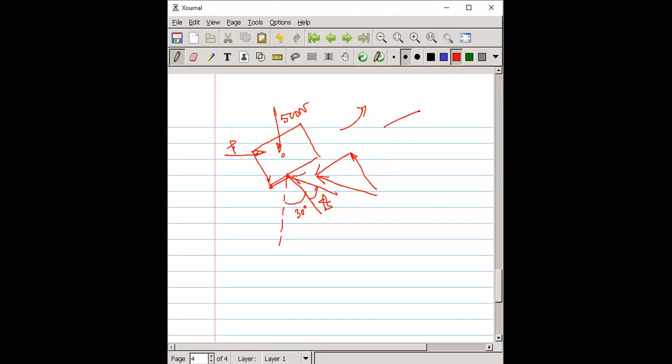Like previously, your body is like this, this, and this, so wherever you put the resultant, this is your 500, and this angle is 30 plus phi s, means 30 plus 14, so 44 degrees, right?